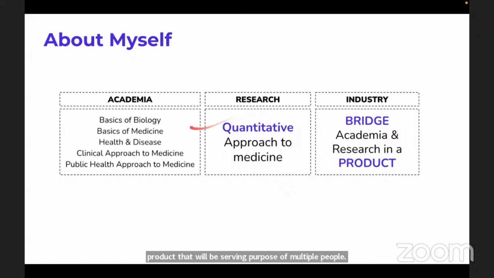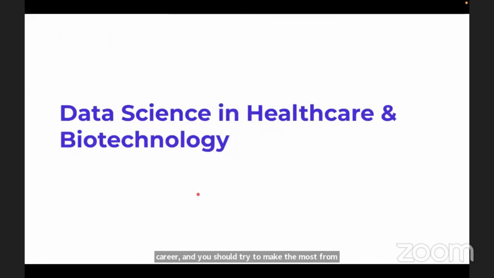So this journey from academia to research and industry has been quite a diverse journey, quite an exciting journey, and there are things which you get to learn only in that duration of your career, and you should try to make the most from wherever and whenever you are right now. So now coming to the next big section: data science in healthcare and biotech.